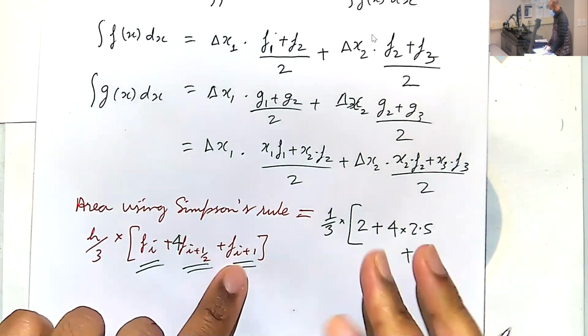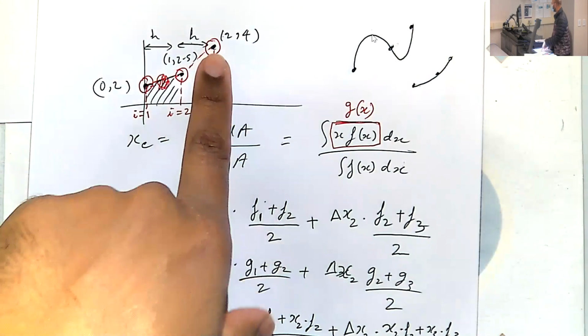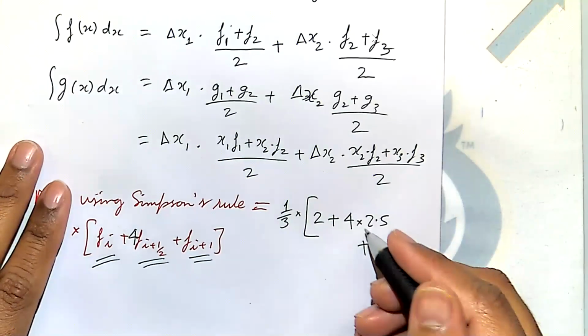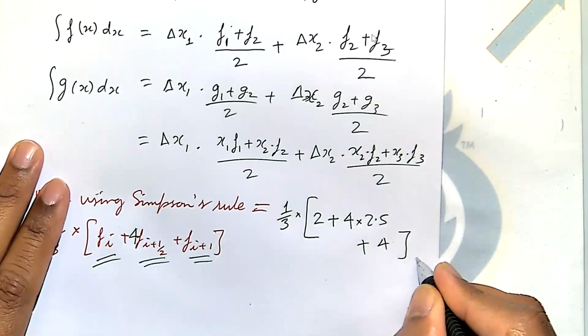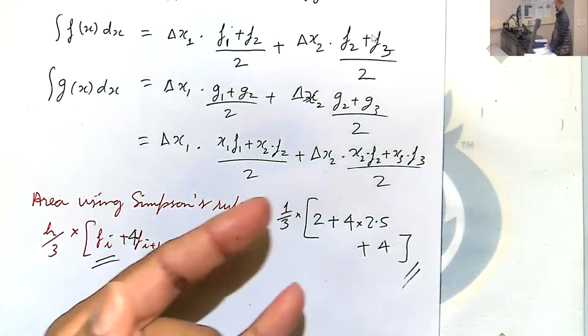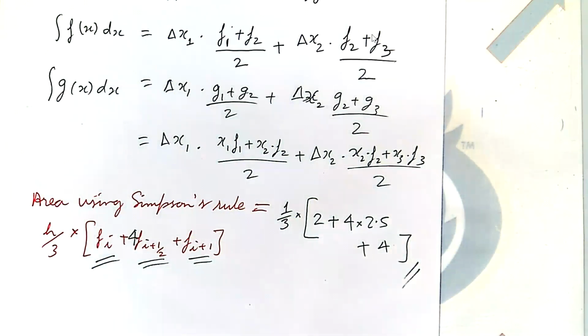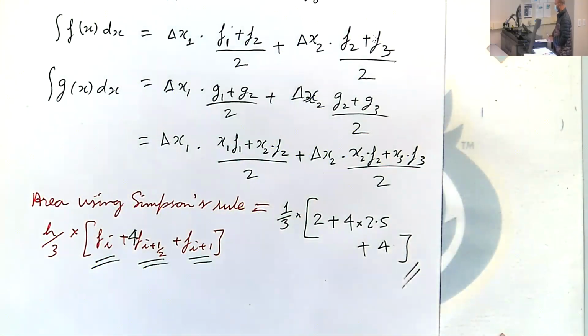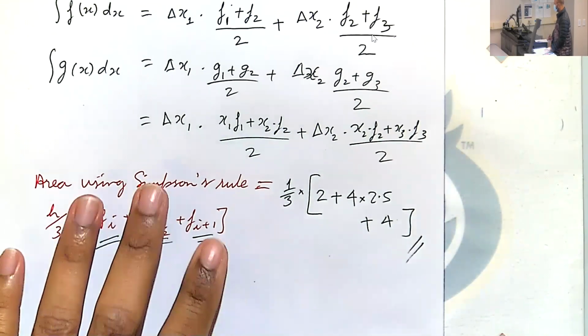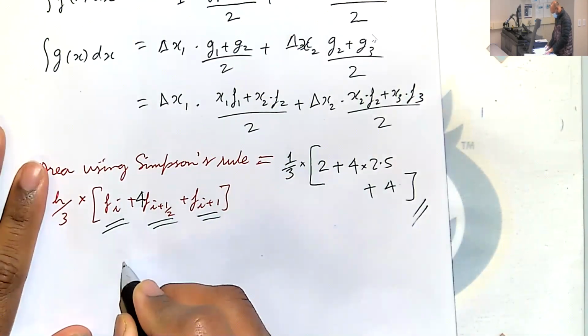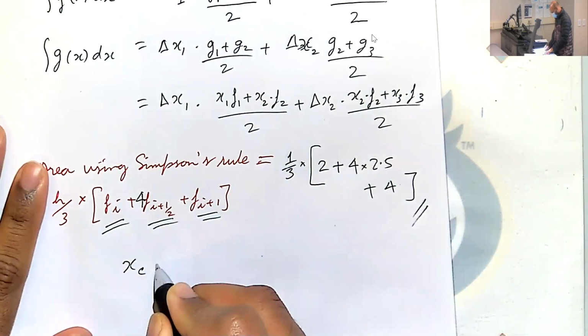And f_(i+1) for our case is this, 4. Yeah, plus 4. Okay, that's it. That's the area using Simpson's rule. Any questions? Everybody know why these numbers are here? Okay, and then if you were to do not area but centroid, how would you do this?